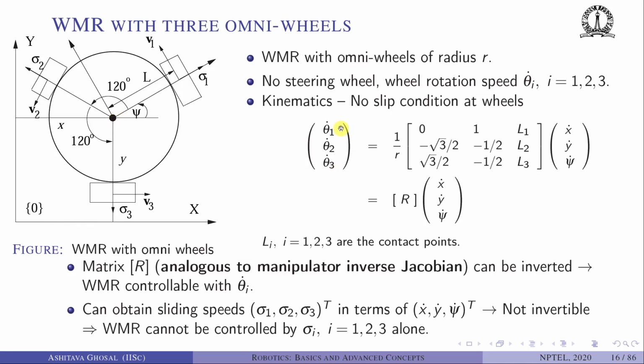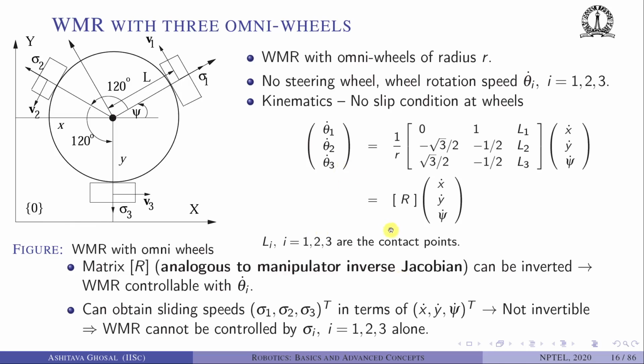So we can write theta dot as a vector equal to some matrix R times x dot, y dot, psi dot. This matrix R is analogous to the manipulator inverse Jacobian. Remember in the Jacobian of a normal manipulator, it was V equal to Jacobian times theta dot.